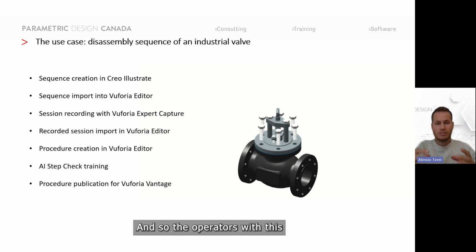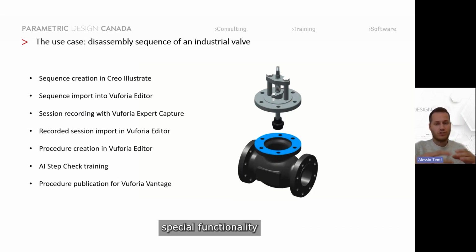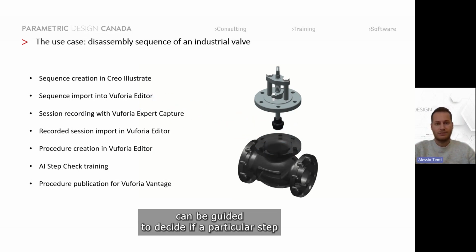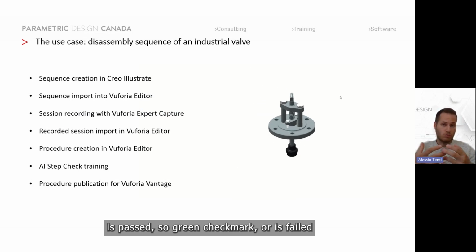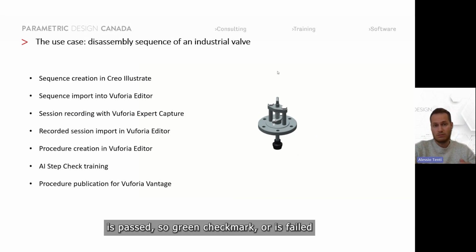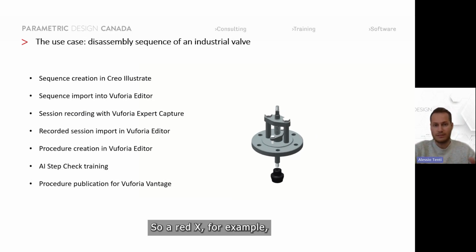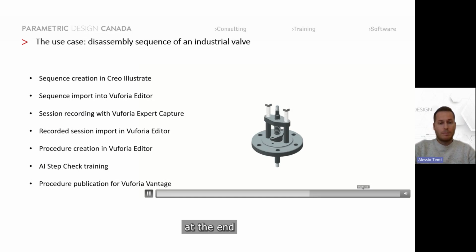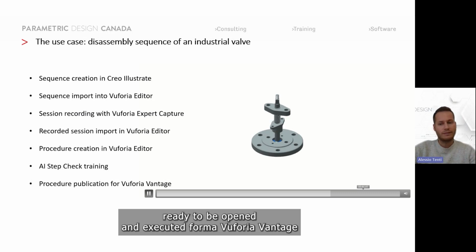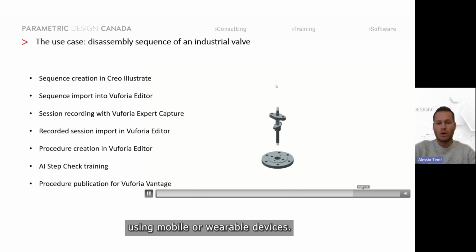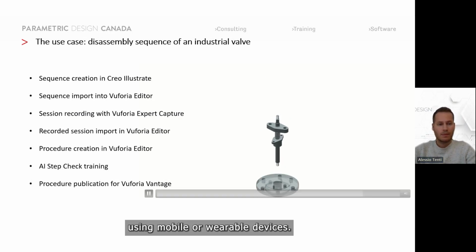And so the operators, with this special functionality, can be guided to decide if a particular step is passed, so a green check mark, or failed, so a red check mark, a red X, for example. At the end, we published the procedure on the Vuforia Cloud, ready to be opened and executed on Vuforia Vantage using mobile or wearable devices.